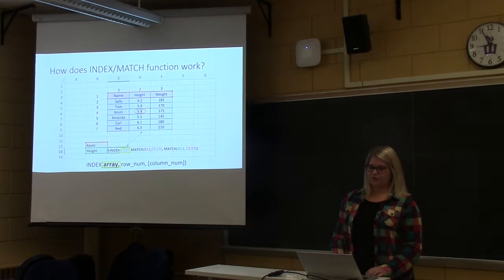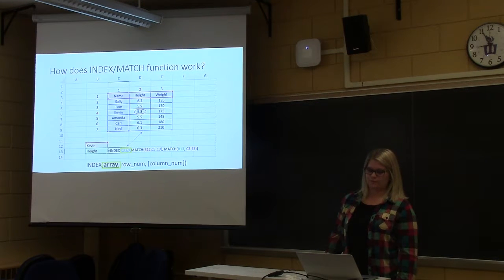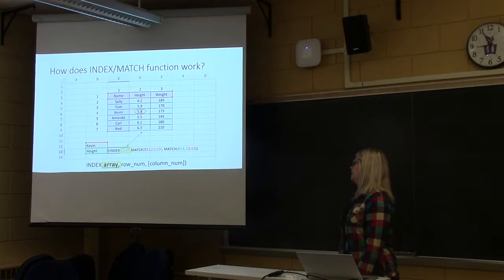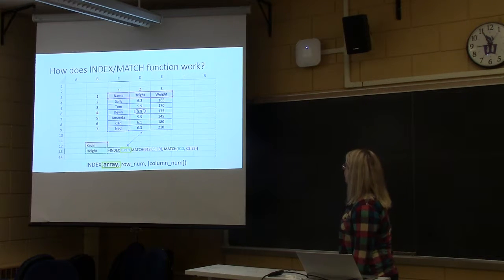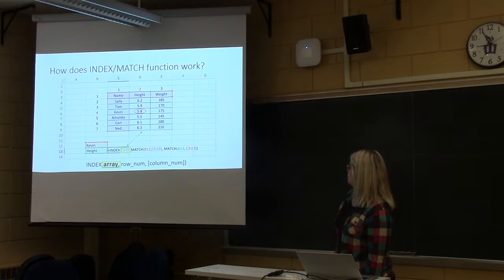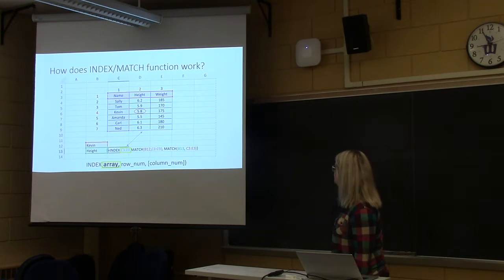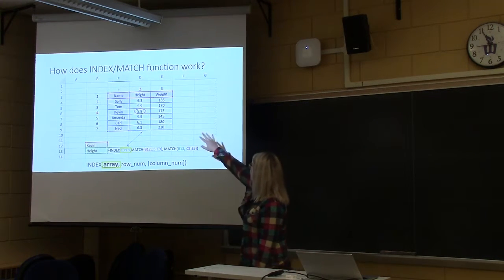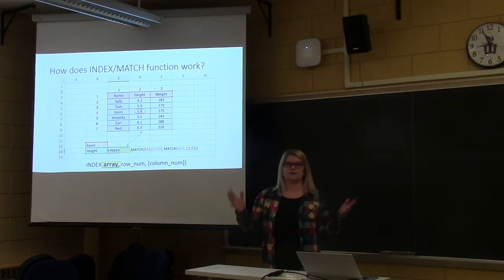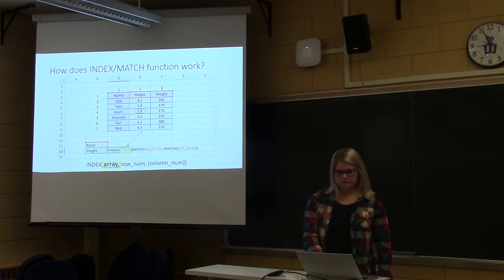Now, putting index and match together, we can do the same exact thing as VLOOKUP, but in a slightly more convenient way. In the index part of it, we're showing the array. This whole big blue array is the entire table that we want to look through.